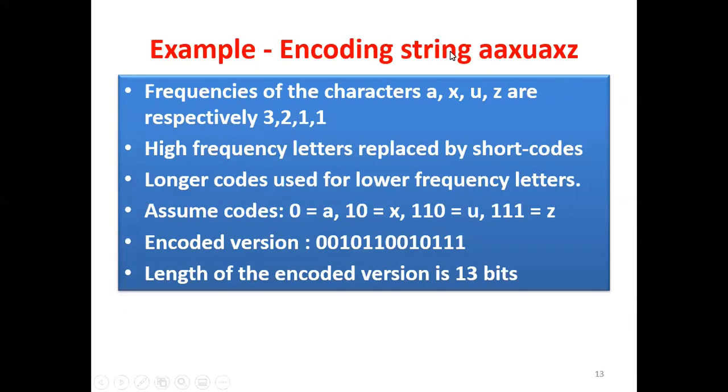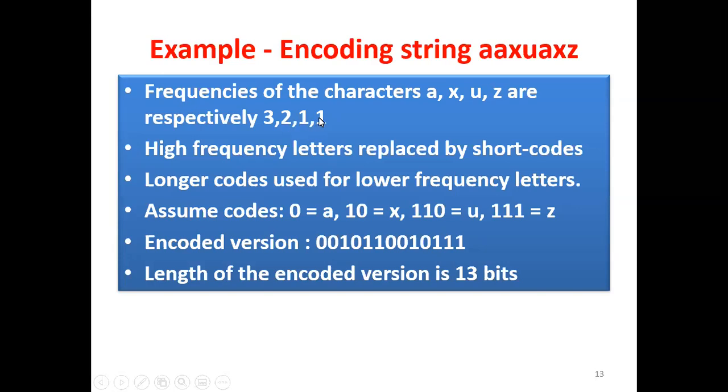We have been given a string of these characters, and using variable length coding, we have to find the frequency of each of these characters. If you have a look here, we can see that A occurred 3 times, so the frequency is 3. X occurred twice, so the frequency is 2.